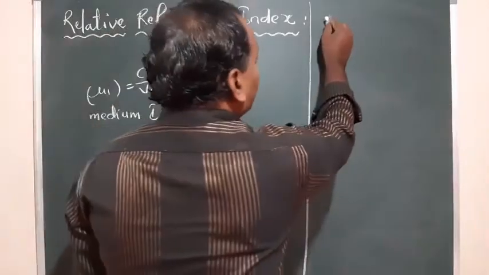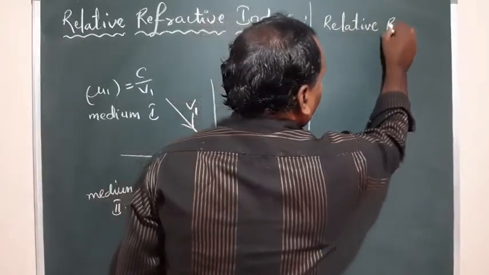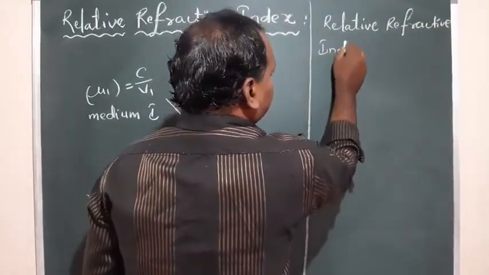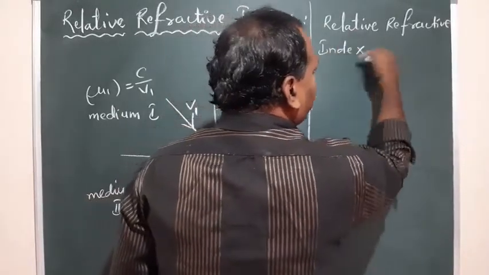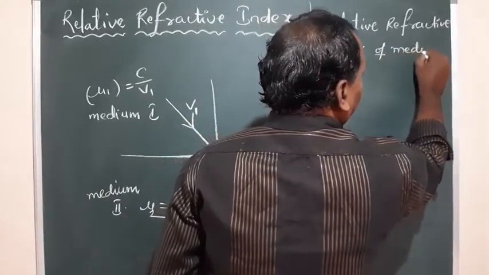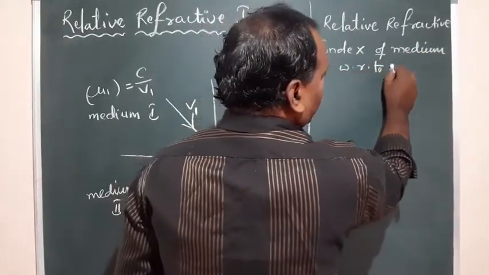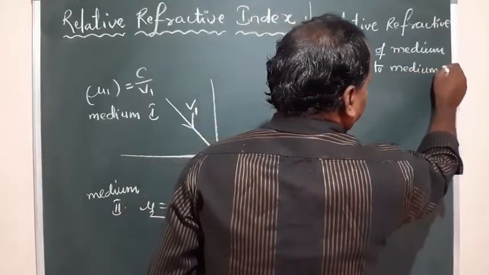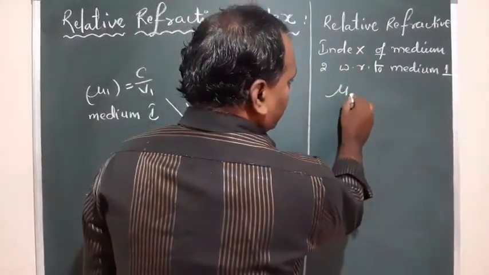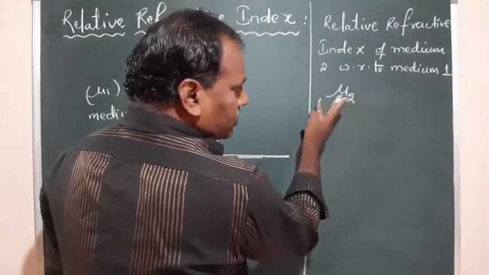So I am writing the relative refractive index of medium 2 with respect to medium 1, which is represented by the symbol mu21.